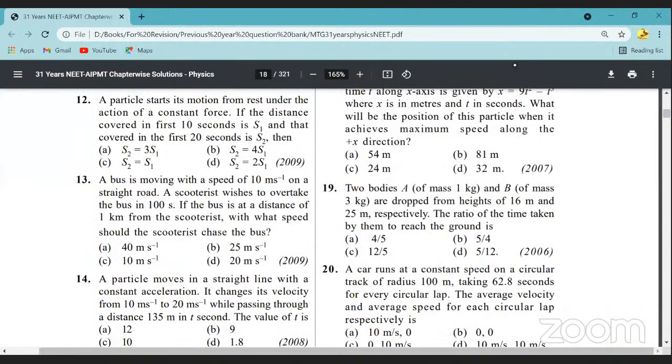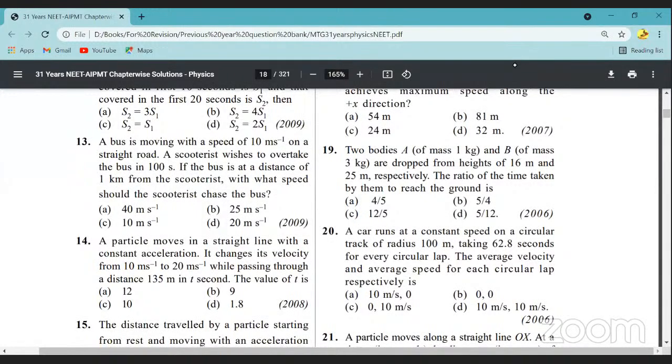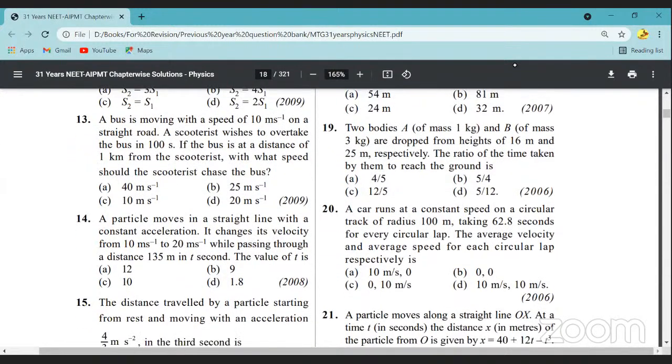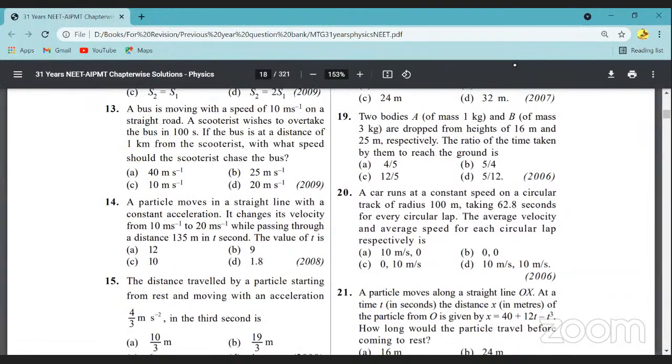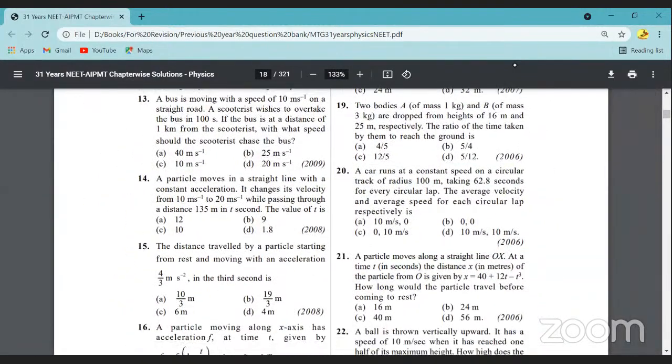Question number 19. Two bodies A and B are dropped from heights h1 and h2. The ratio of the time taken by them to reach the ground is. Okay, this is simple, right? Direct formula. Let's solve 19, 20, 21.